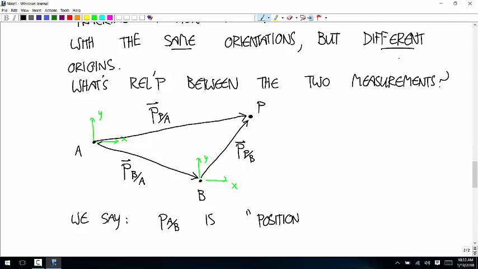But we call this the position of A relative to B. It's not as cumbersome as saying the position as seen from coordinate system A, just a nice, concise way to say that: position of this relative to this.